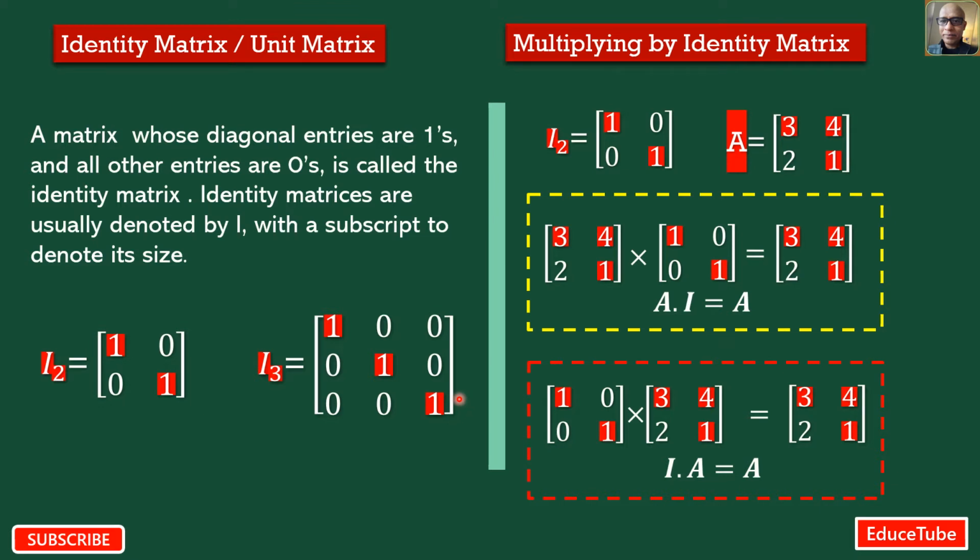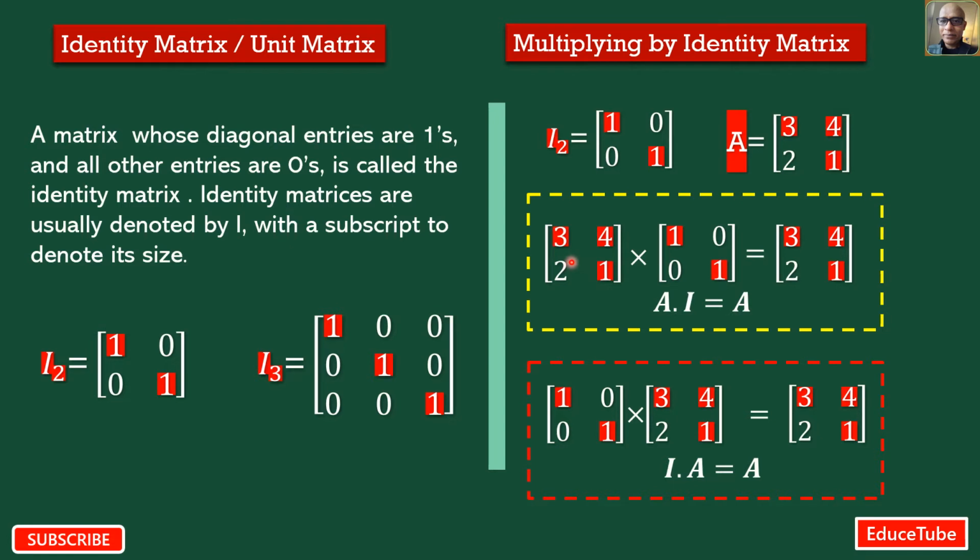Now we will multiply any matrix, say this 2 by 2 matrix, by this identity matrix. We want to see what result comes. Already we read that point in previous slides. What will the result be? We can see here the result will be the original matrix.